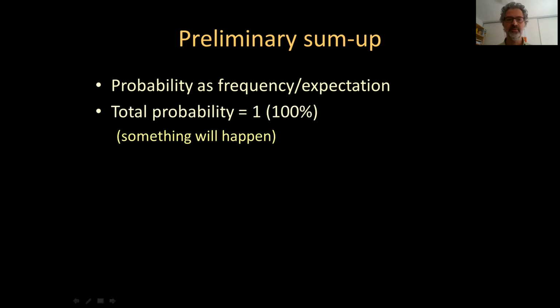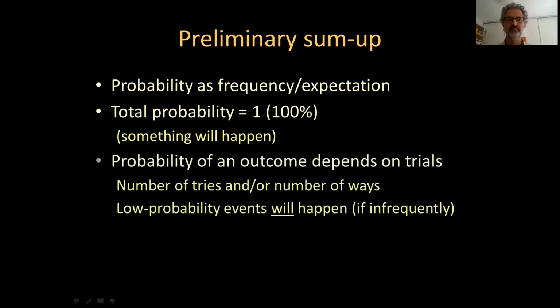The second important thing to remember is that the total probability, when we have exhausted all the possibilities of outcomes, has to be 100%. This means something will happen. And the probability of an outcome depends on the trials.